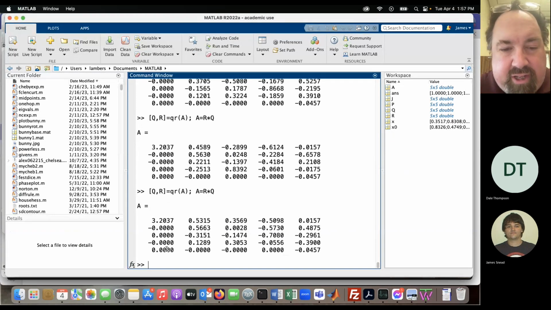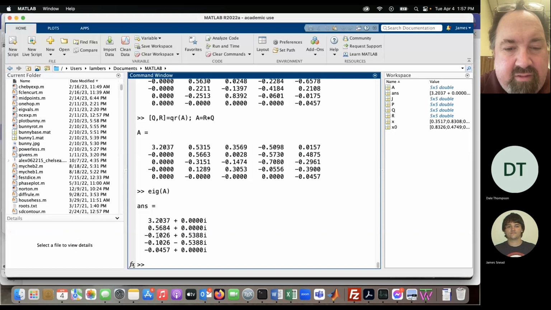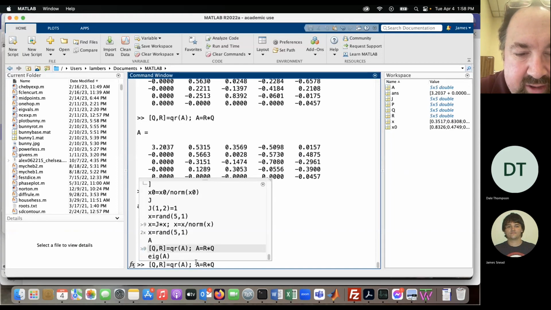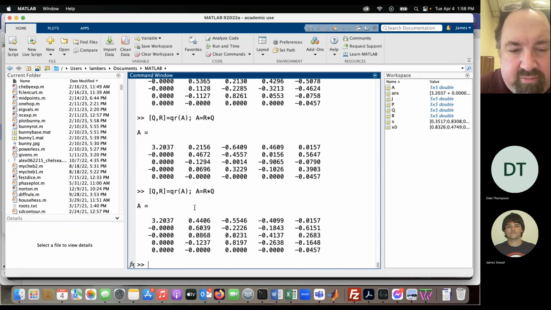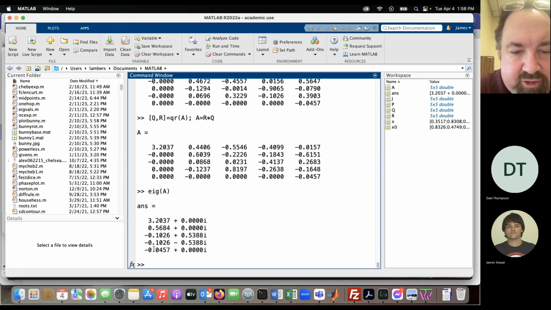triangularity, but if we look at the eigenvalues of A, they're nearly all complex. Oh wait, okay, we have 3 real eigenvalues and 2 that are complex. So I look at the eigenvalues again. The smallest one we can see down here.